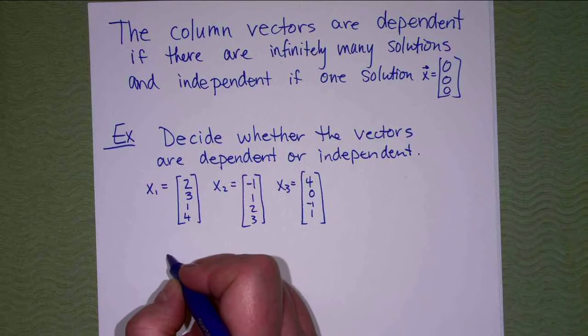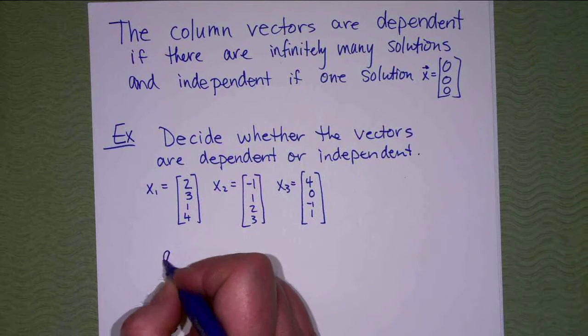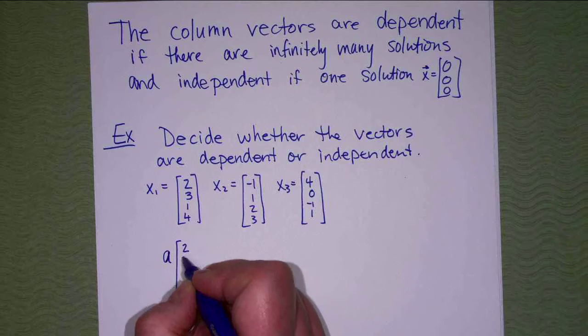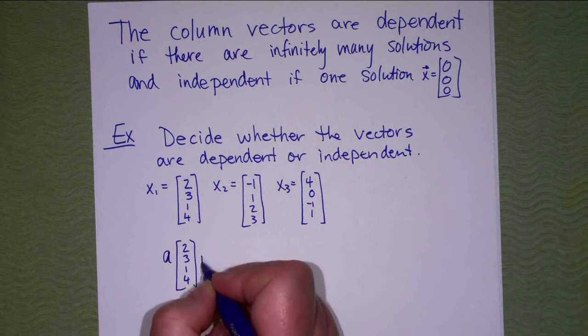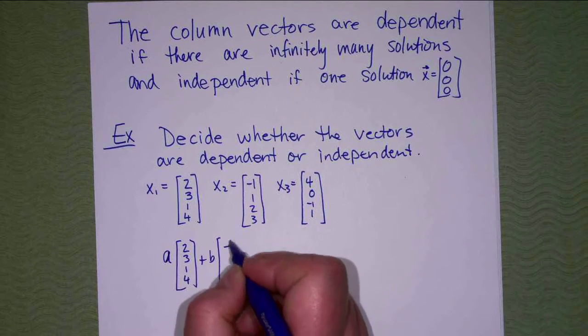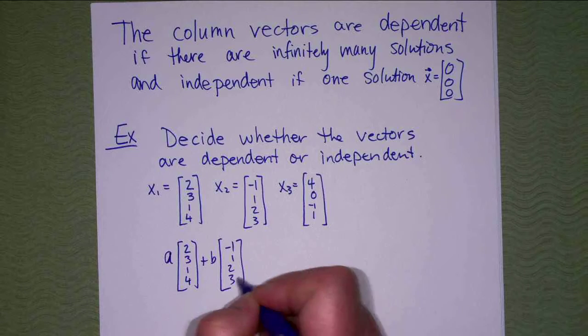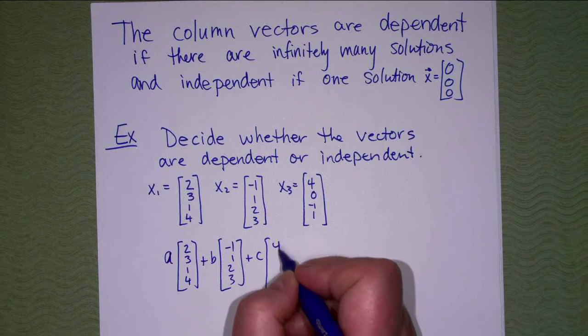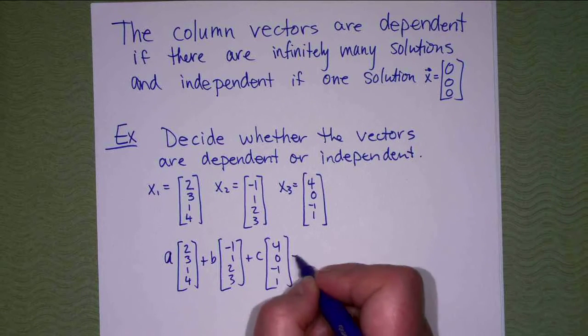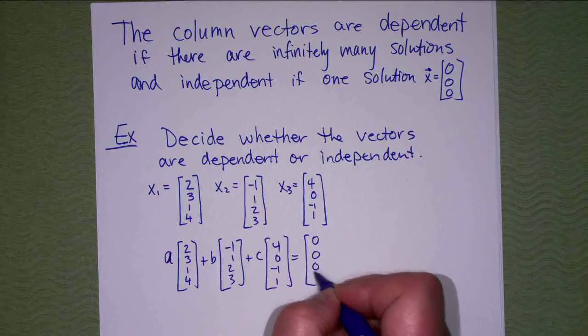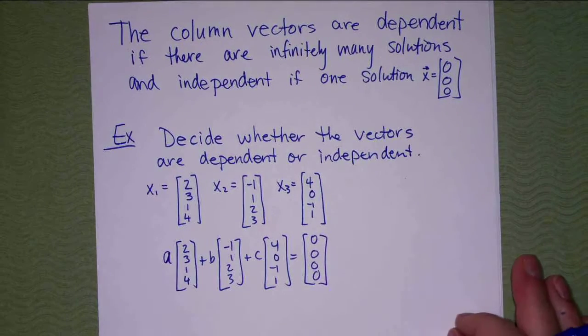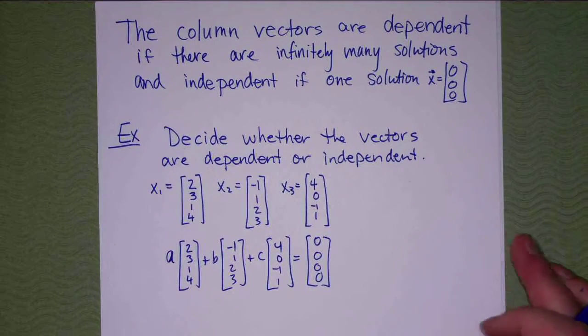So a linear combination, like, say, A plus B plus C, and we set it equal to 0, and we solve and see if there's more than one possible solution.